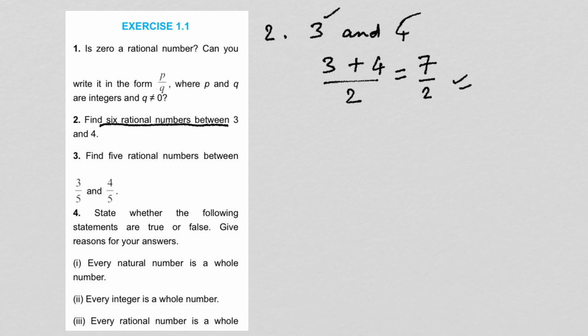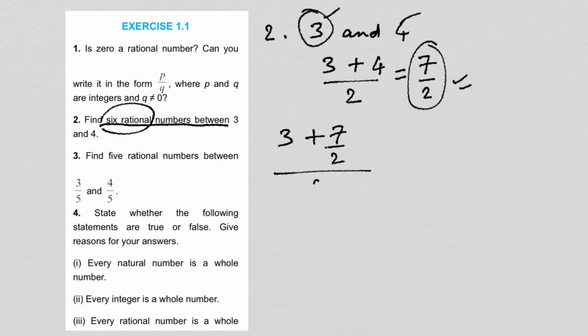And we have to find 6 rational numbers. So to find the other numbers, we take any number from the given numbers, say 3, and add the new rational number we found, 7 by 2, and again divide by 2.